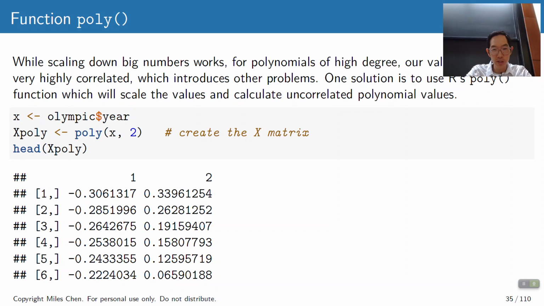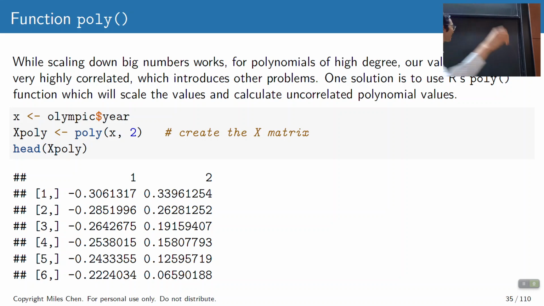But one of the issues is that if you just took your values x and then you squared them, and then you raised them to the third power, and the fourth power, you run into a problem where they're all highly correlated. Okay, so let me just, I don't even know where to draw over here. Say we have x, x might look something like that, okay?